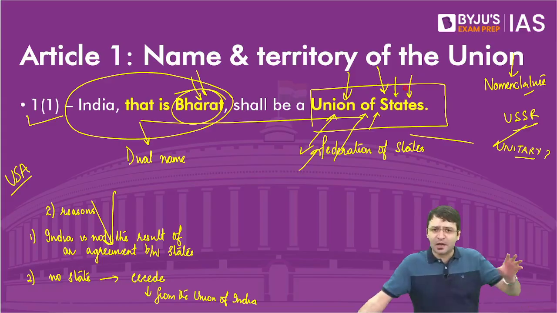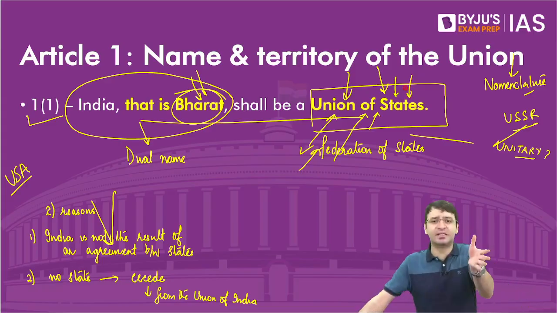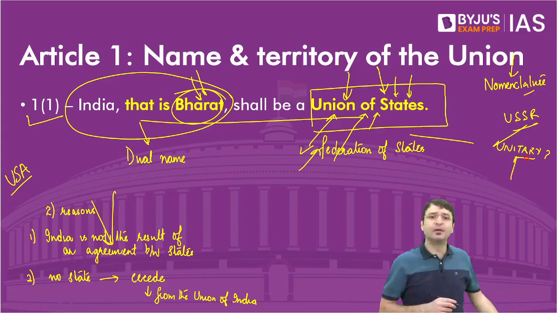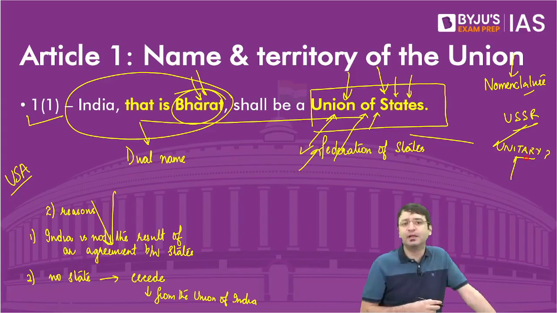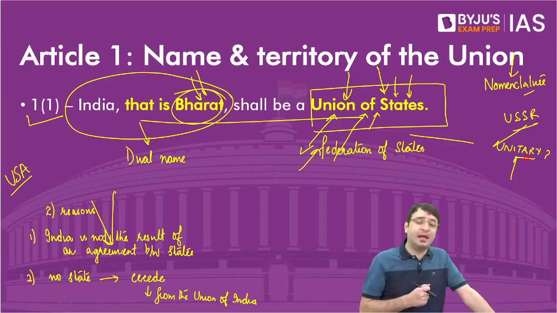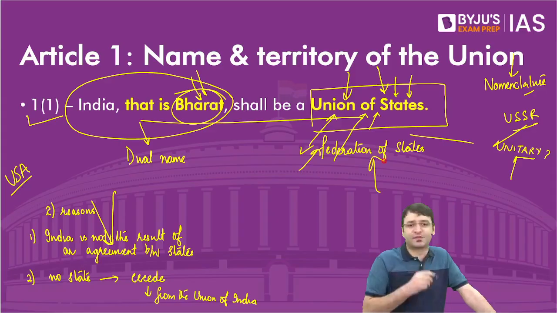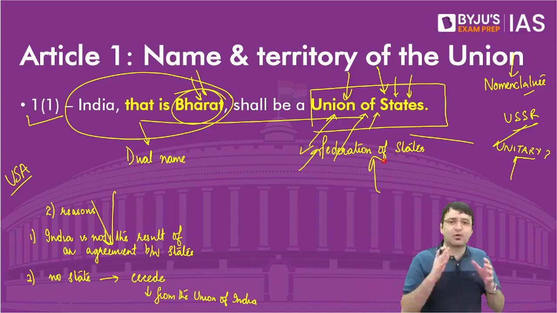Does that mean our constitution explicitly says that Indian constitution is unitary? Because it says union of states, which means unitary constitution. If it was a federal constitution, then the term would have been India, that is Bharat, shall be a federation of states. Dr. Ambedkar, please elaborate. Dr. Ambedkar said ours is a federal constitution.